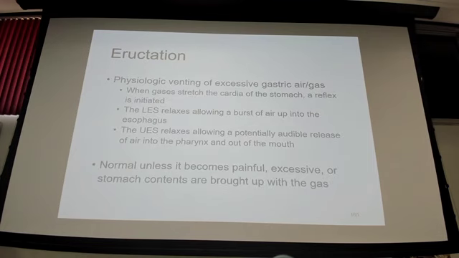Eructation, aka burping. So we talk about gas-producing foods. When you get to GI, you'll talk about something called FODMAPs. It's an acronym for certain types of long-chain polysaccharides that lead to eructation, they lead to burping, excessive gas production.